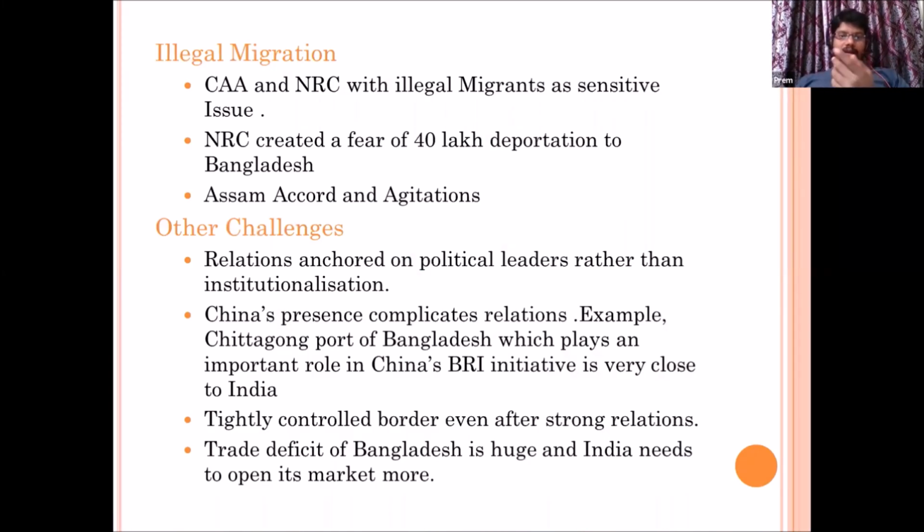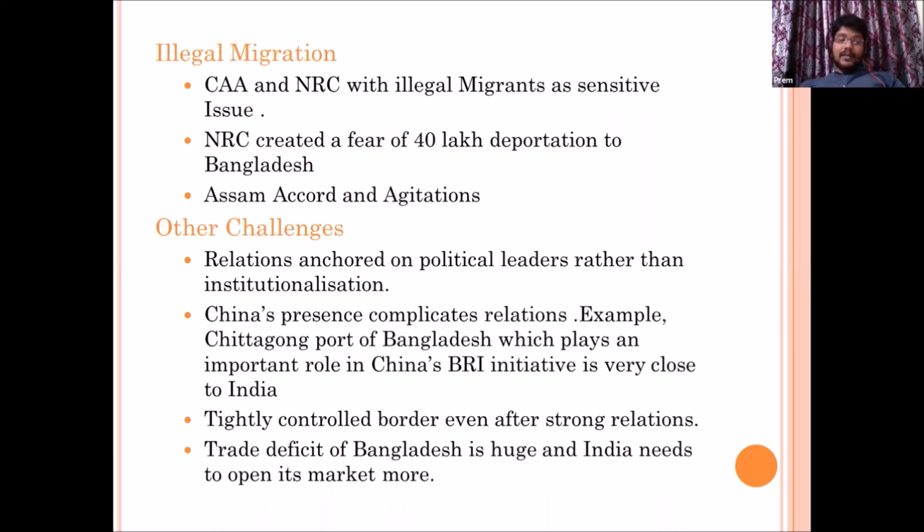So CA and NRC we have discussed just now, how it became a sensitive issue, because many political statements were made in Assam and in India when the NRC was going on. Like our home minister said these illegal immigrants are nothing but termites, insects that eat wood.